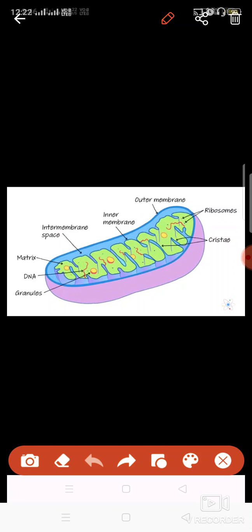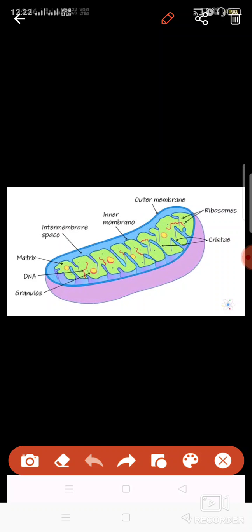Okay, these are known as cristae, and inside the cristae some of these kind of structures are present. Okay, these club shaped structures are present. These structures are known as oxysomes. Okay, these are basically the structures which are helpful in respiration.